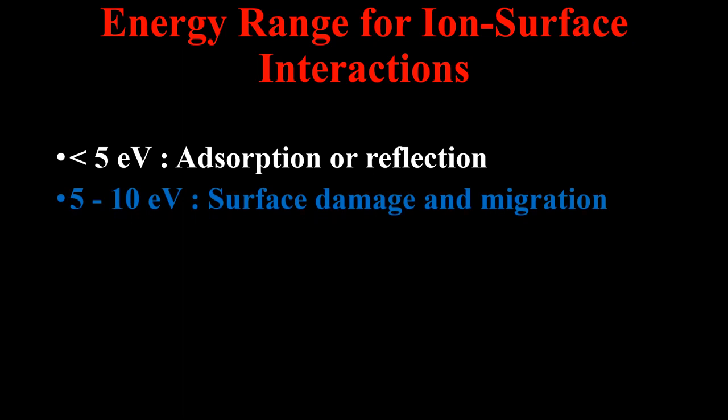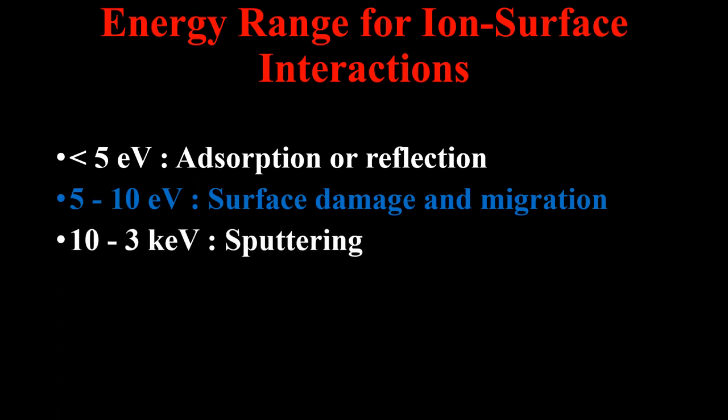If the ion has energy in the range of 5 to 10 electron volts, it basically causes surface damage and migration in the source material. So in this energy range, the ions are damaging the surface of the source material or the precursor material.